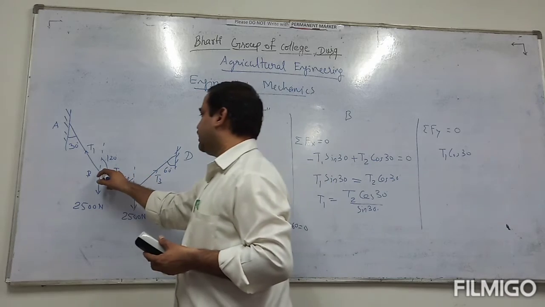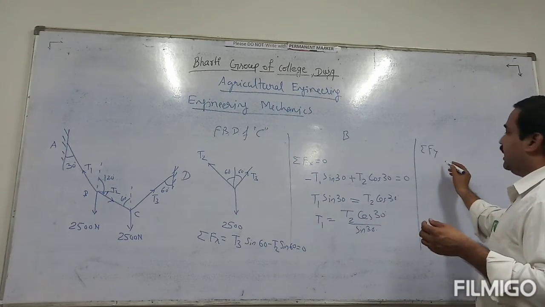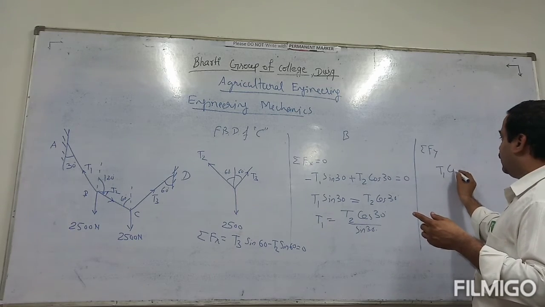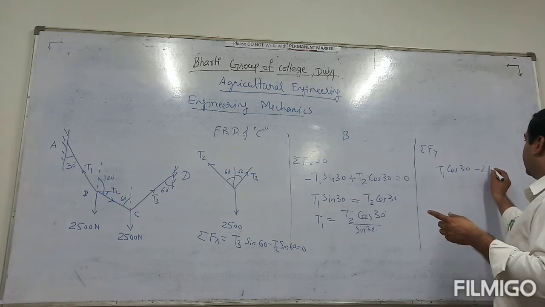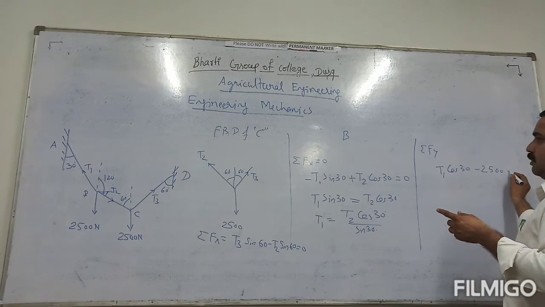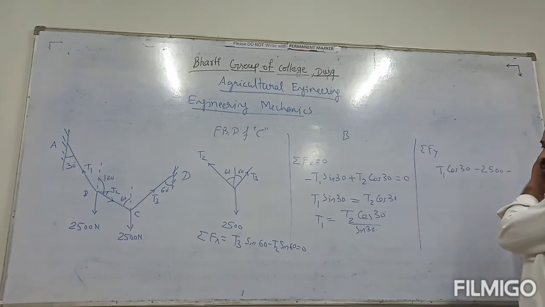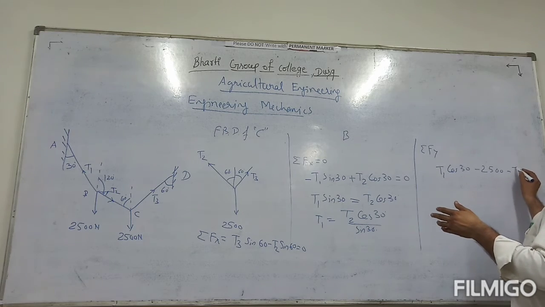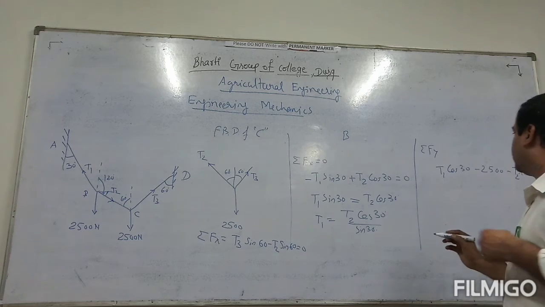Summation of Fy, that is T1 cos 30 minus 2500 minus T2 sin 30 equal to 0.